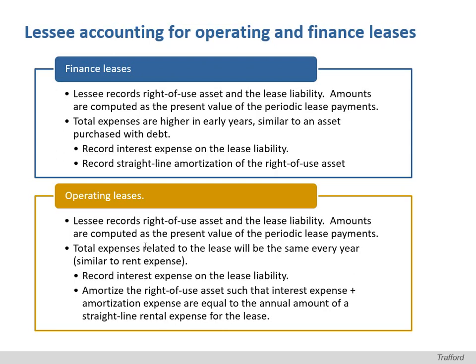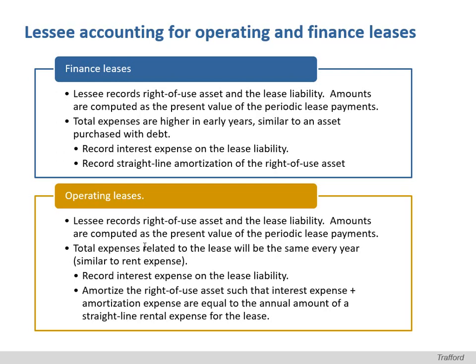The difference is when there's an operating lease, the total amount of expense related to the lease is going to be the same every year. So if you make the same lease payment every year, the total amount of expense you'll report on your income statement will be the amount of that lease payment. So as far as the income statement goes, the change is not very dramatic.